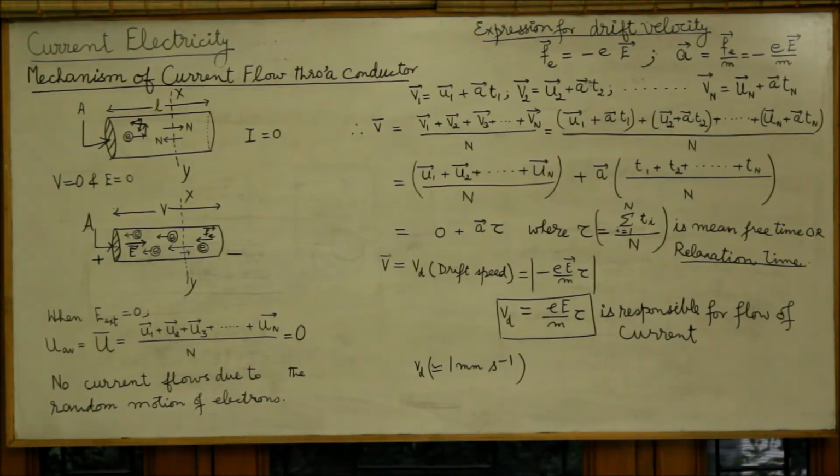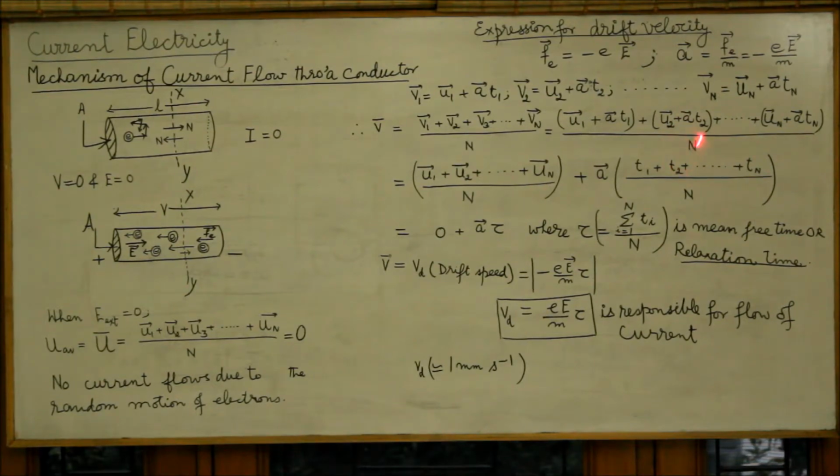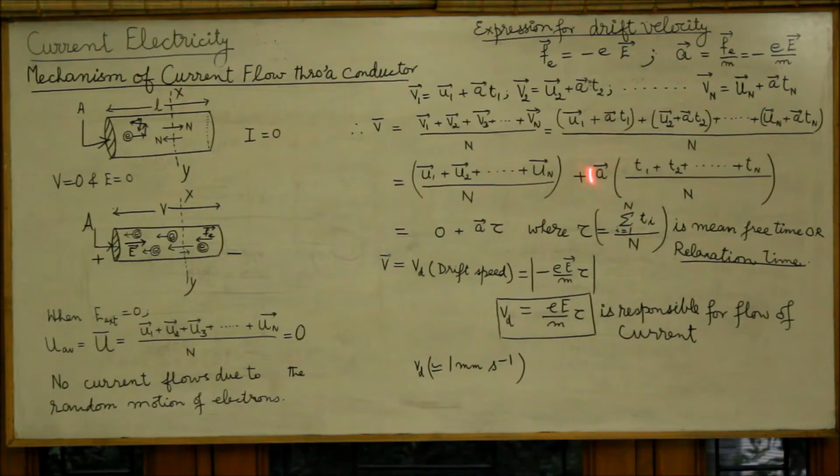Under the action of the potential difference or the electric field, the average velocity can be calculated by V1 plus V2 plus V3 and so on upon n, which by using these expressions gives U1 plus a T1, U2 plus a T2, Un plus a Tn divided by the total number of free electrons. So the U1, U2, U3 terms you can separate out, and acceleration is common here, a into T1 plus T2 plus Tn upon n.